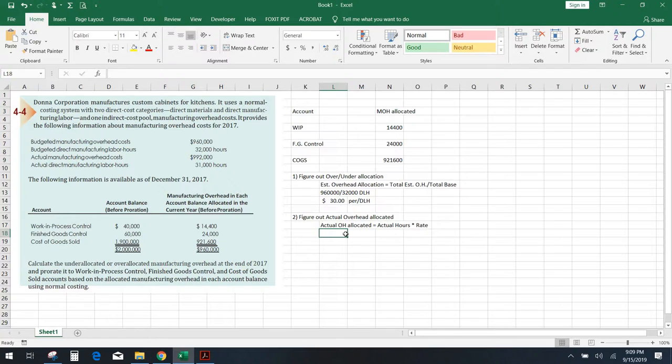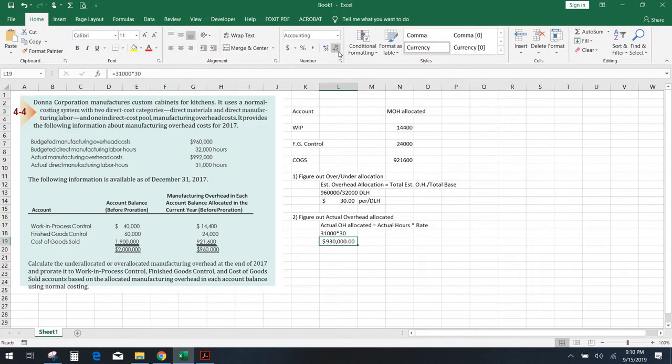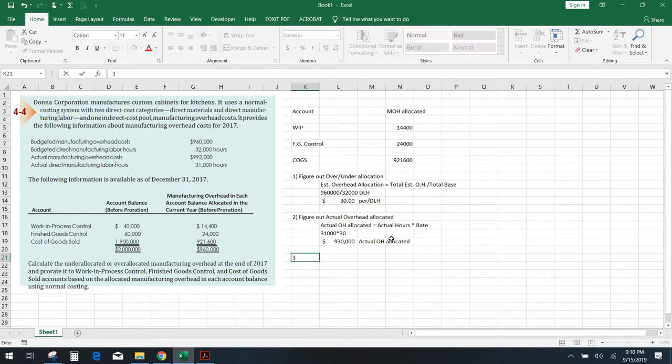The actual hours they used were 31,000, multiplied times our rate, which is 30. So our actual overhead allocated is 930,000. Now we need to figure out, are we over or under allocated?